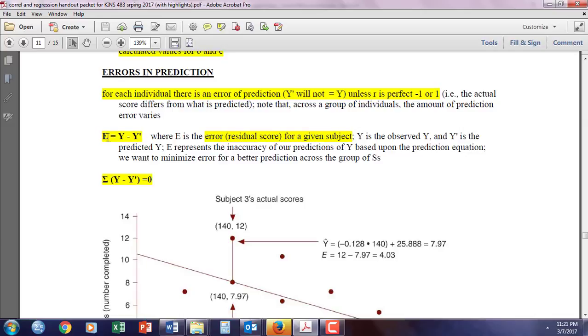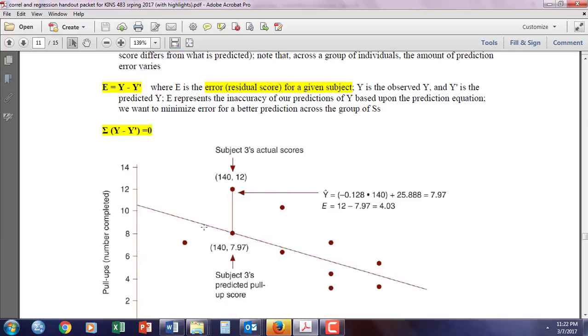So we have here that error is really going to be the distance from the y value of that person. That's an actual score, and we're going to take from that now the difference. All right, the error is the difference between the actual y and the predicted y. It's sometimes called the residual score, and this would be the case for a given subject.